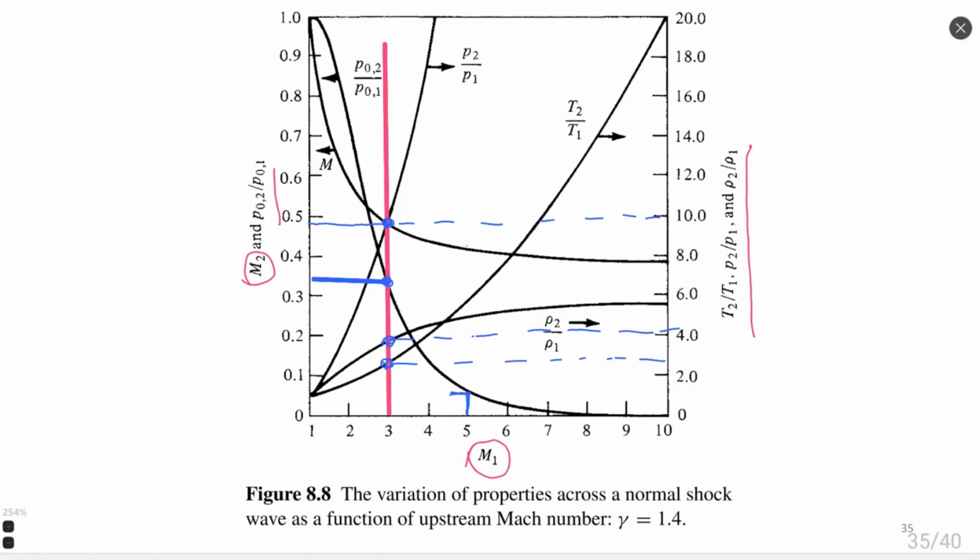So this is a reflection about the relation between thermodynamic properties and Mach number before the shock wave. I would like to remind you that you can always ask questions in the chat. If you have some questions, please ask.